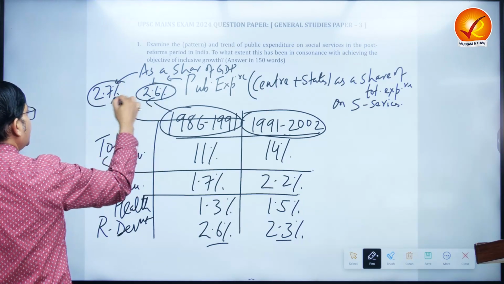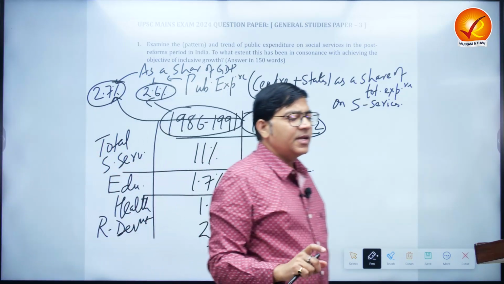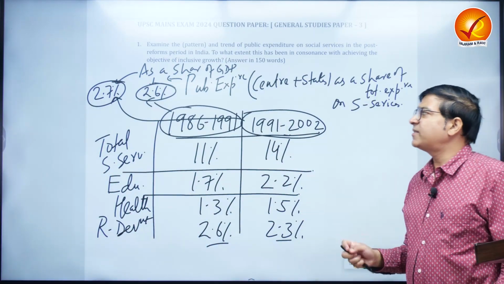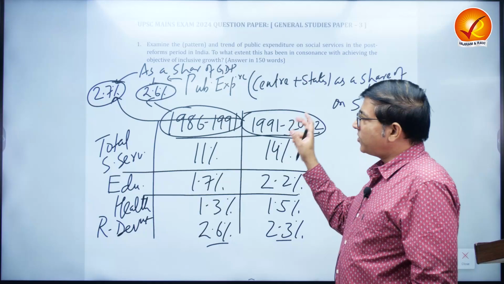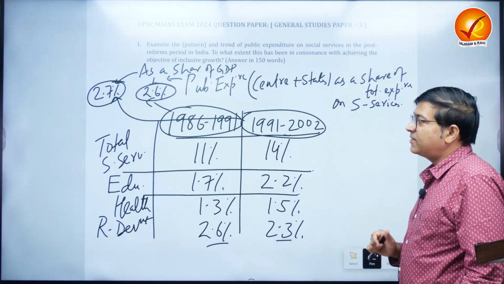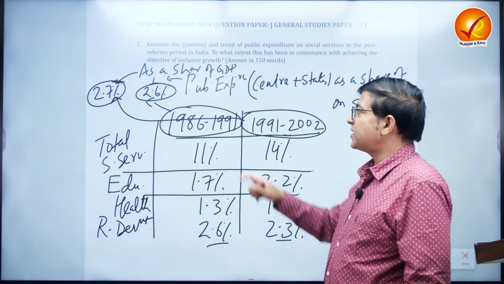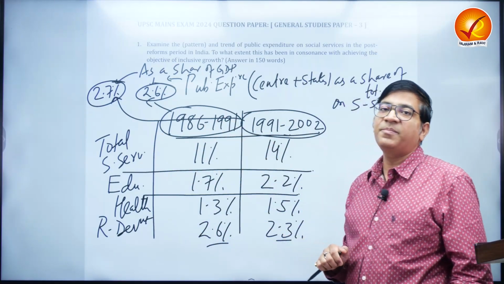So public expenditure as a share of GDP is almost stagnant, which basically means that although in value terms the expenditure is increasing, that is also because the GDP growth is very fast. As a percentage of GDP, it is marginal.